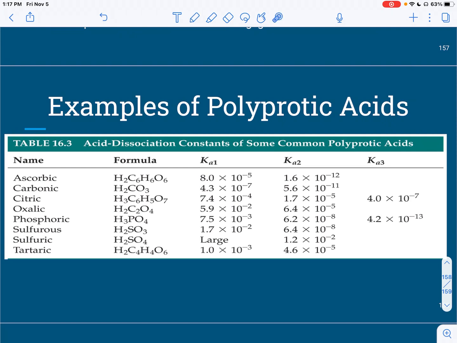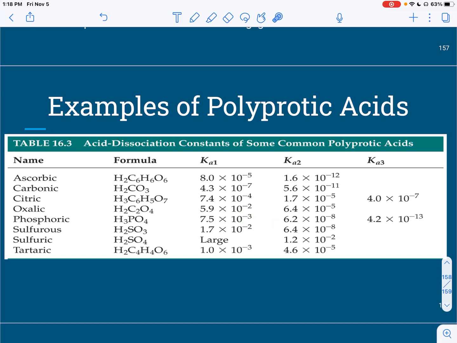This is just a list of what some of those polyprotic acids would be. Like carbonic, when it loses its first hydrogen, that's the Ka. And you can see that the second one is much smaller. It goes from -7 to -11. Phosphoric is going to have 3 Kas. We go from -3, that's strong. I mean, not strong, but stronger than others.